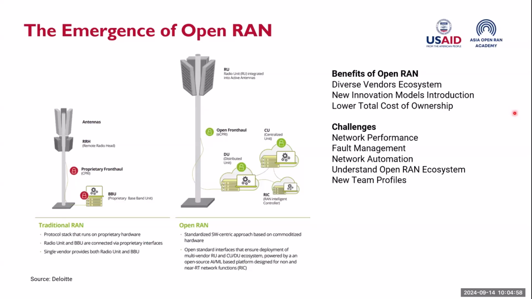If you have this new innovation model, it will make the network more accessible to third-party software developers. So if you have other developers that have a new innovative idea, you can implement it on your network. You don't need to wait for your existing vendor to provide it for you.